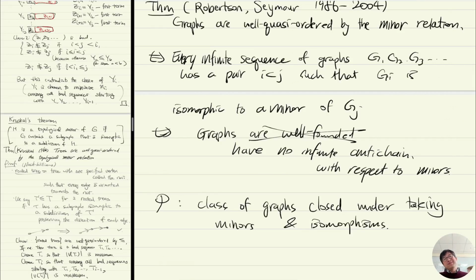If I have one graph in this class, then any graph isomorphic to that graph is also in this class. That's what I mean by closed under isomorphisms. And it's also closed under taking minors. That means if I have a graph, then all its minors are in this class. So this is called a minor-closed property of graphs.